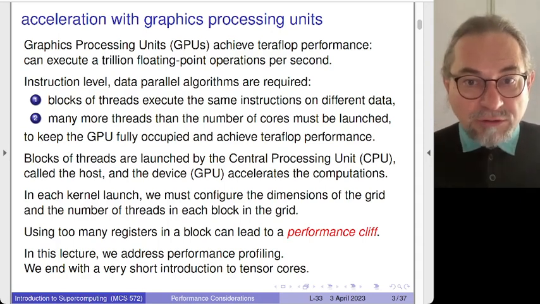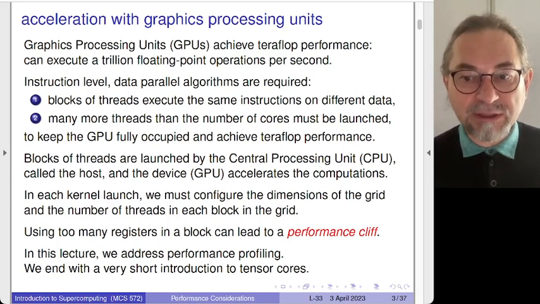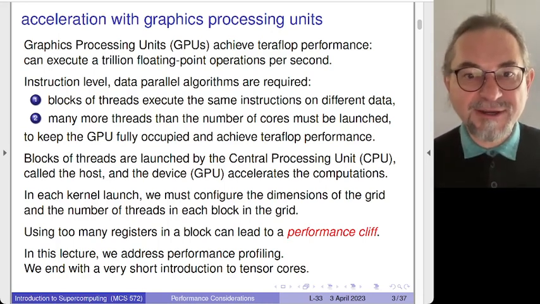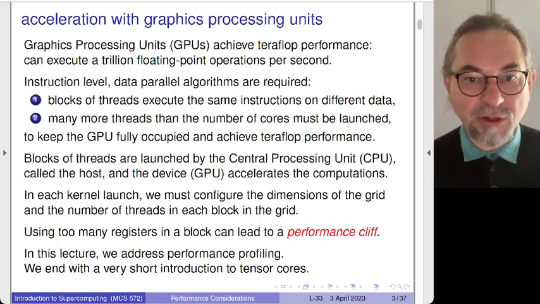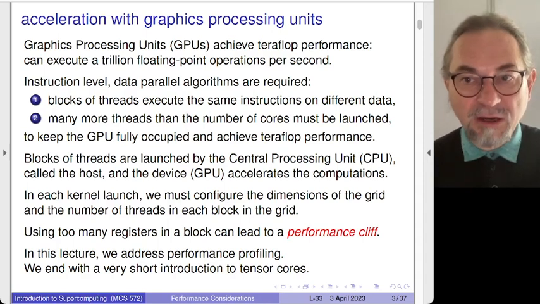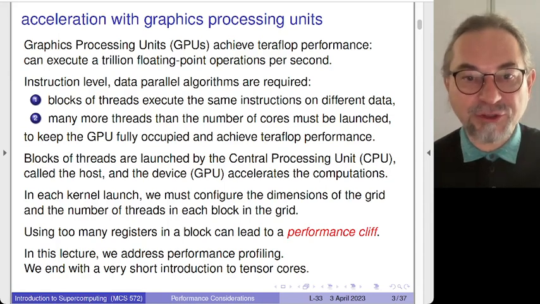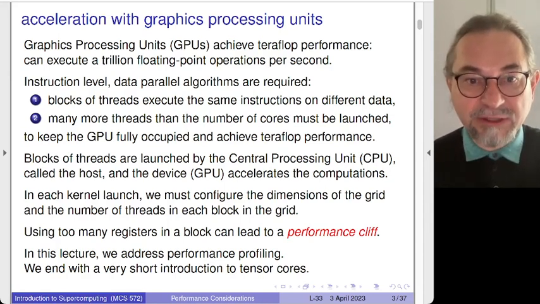When we launch kernels, we are doing a kind of synchronized computing. It is the CPU, the host, that will keep the beat of how the computations are orchestrated. In each kernel launch, we must decide how large the grids will be, the dimensions of each grid, 1-dimensional, 2-dimensional, 3-dimensional, and we must decide on the number of threads in each block.